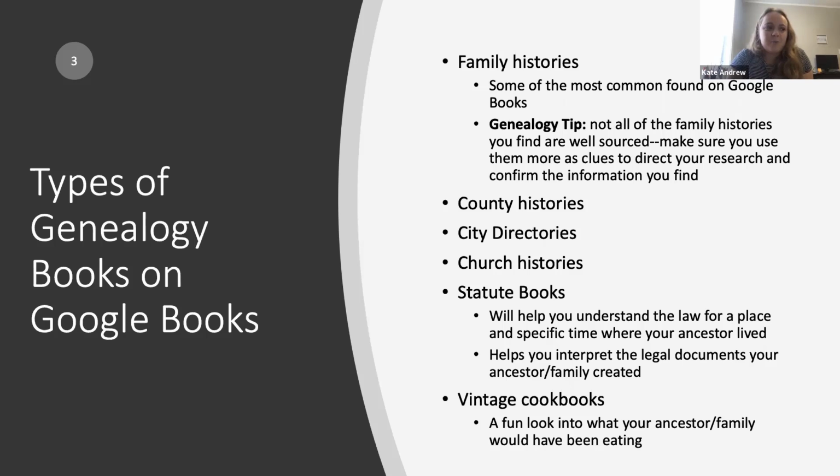I found a couple cookbooks from Fort Wayne, Indiana in the 1920s, and I had ancestors who lived there during that time, and it's sort of fun to get a glimpse at what kind of food people were making and what they liked eating, what were the popular dishes during these years. It just gives you more of a glimpse into what the everyday life of your ancestor or family member would have been.